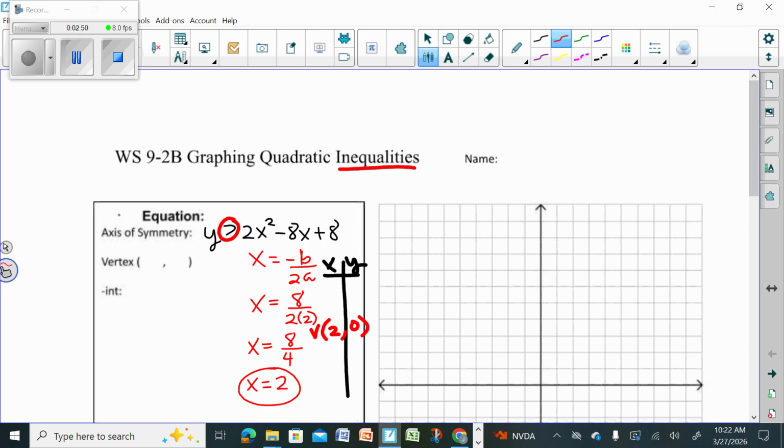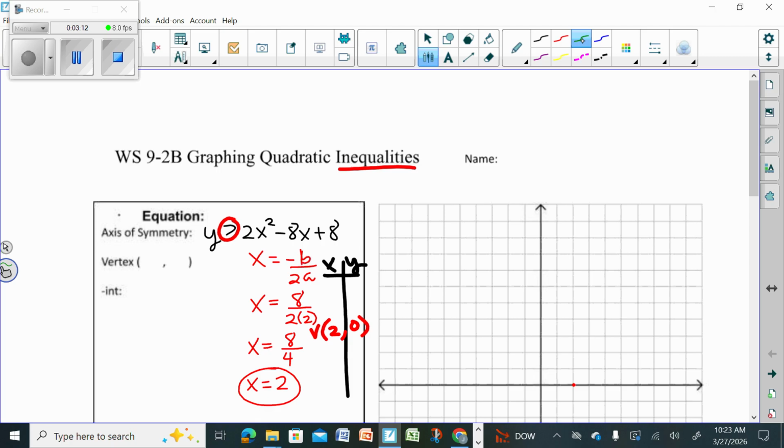So 2, 0 is our vertex. So go ahead and plot 2, 0 on your graph. Okay, then we're going to look at 2 points above that on our table and 2 points below that. And the 2 points above are going to be on the left side of the function, and then the 2 points below will be on the right side of the function.